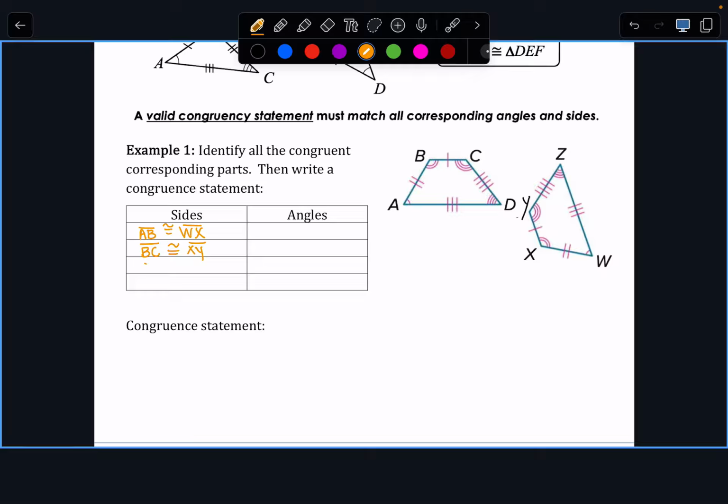What I would like you to do is finish the next two statements. I'm going to write CD and AD, and I want you to match up who they belong with.